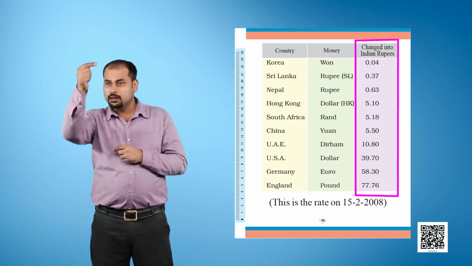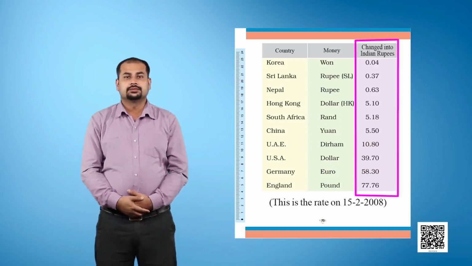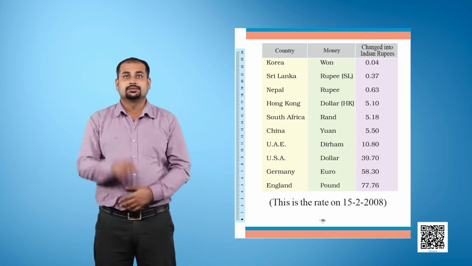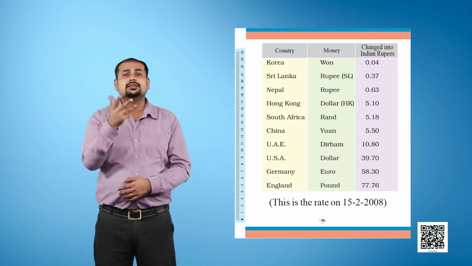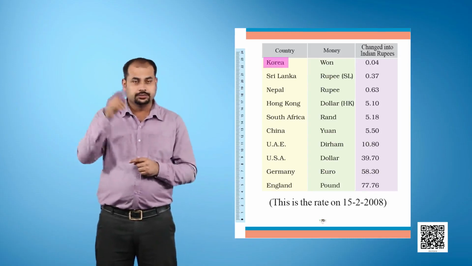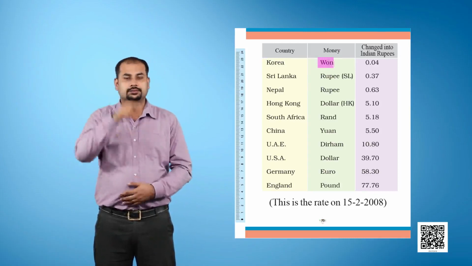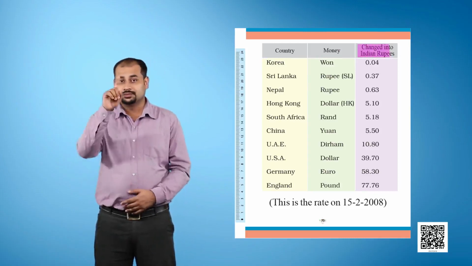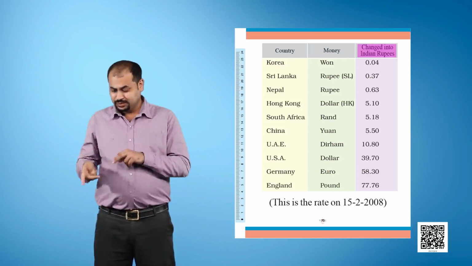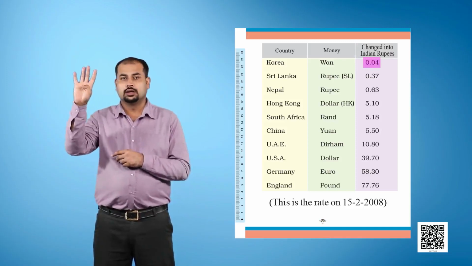To the right side of the page we see different currencies of the world. The table reads like this row-wise. Country, Korea. Money, won, changed into Indian rupees, 0.04.